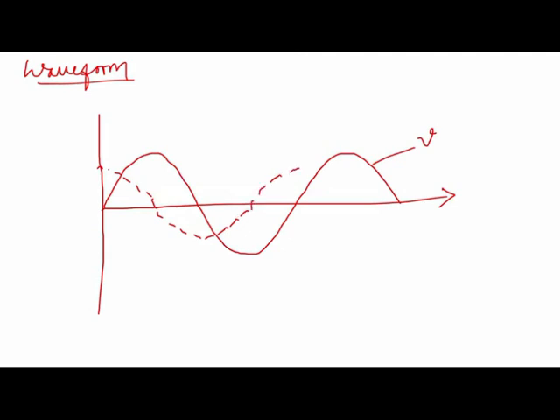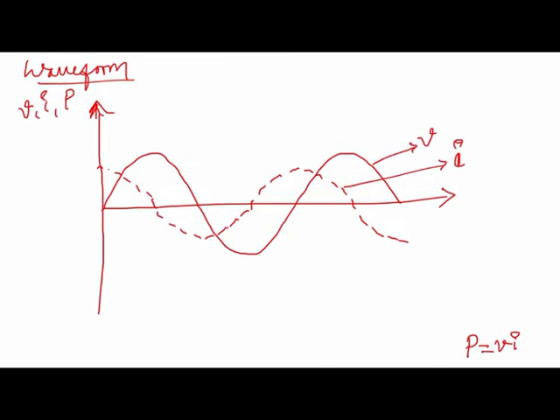So this is the nature of the current, this is the current I. Now we need to draw the power waveform. Here we are drawing voltage, current and instantaneous power P. We know power is V into I, voltage into current. We have the voltage and current waveforms, and we just need to multiply both.